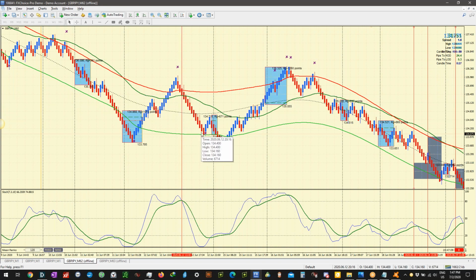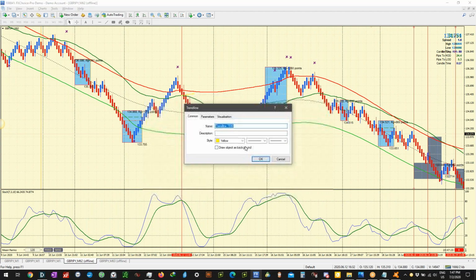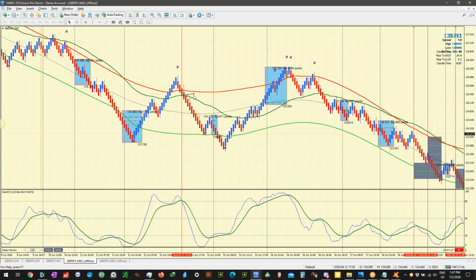So what you can do is this. You can go short here, with the least 0.01 or 0.5 or 0.10.